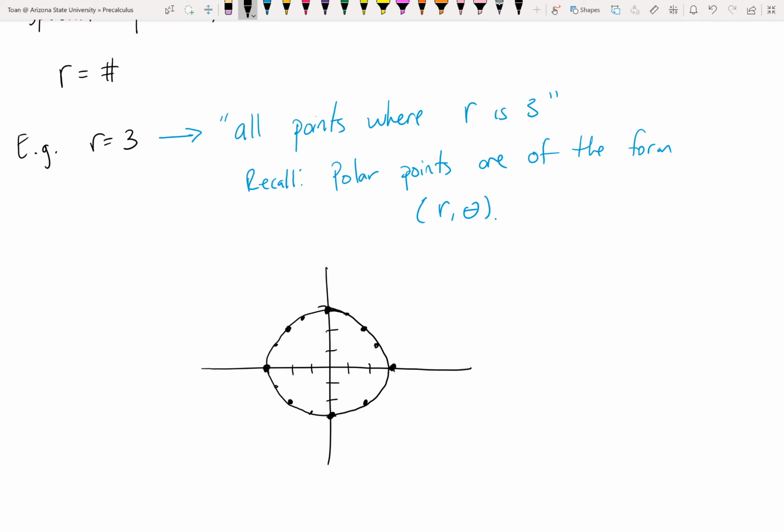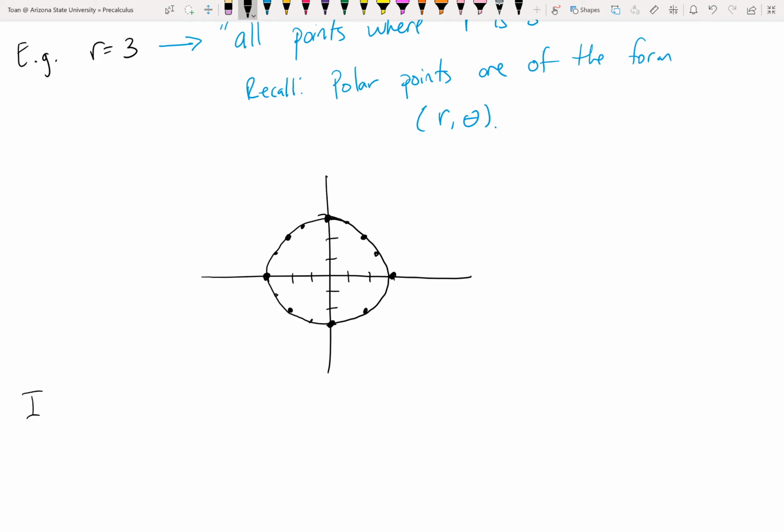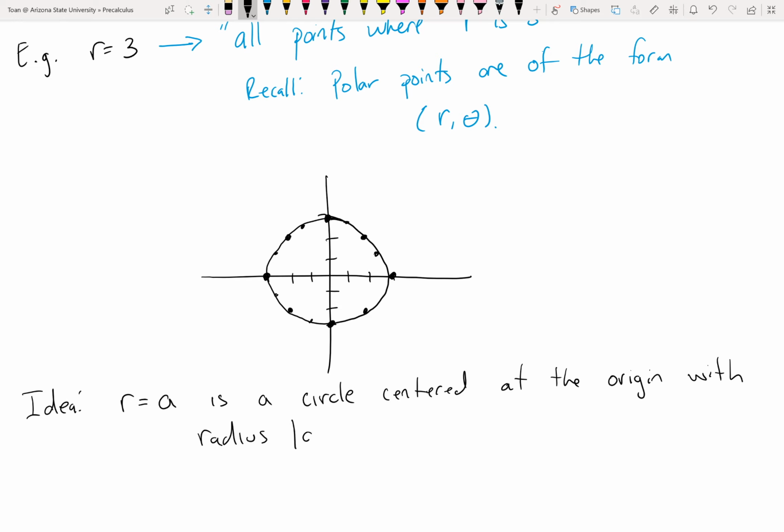And that is the definition of a circle: a locus of points that are equidistant to a set center. So the big takeaway is that in polar form, r equals anything, I'll use the letter a, is a circle centered at the origin with radius absolute value of a.